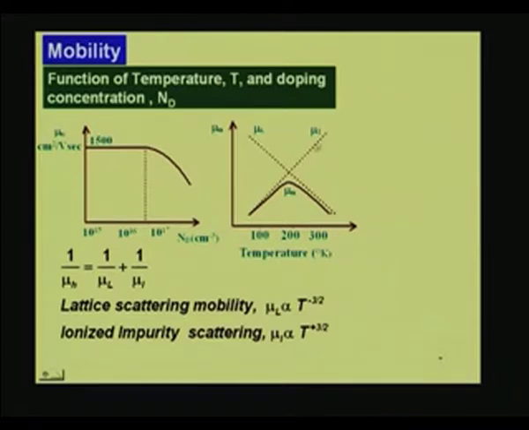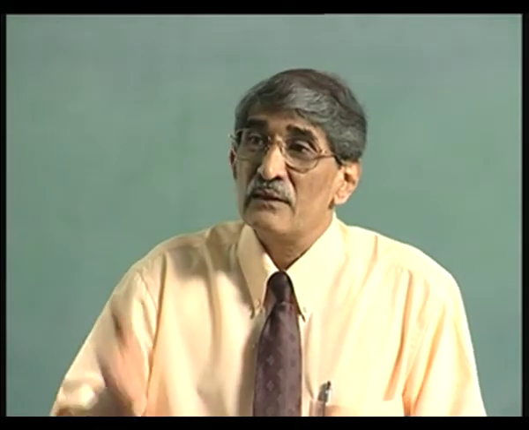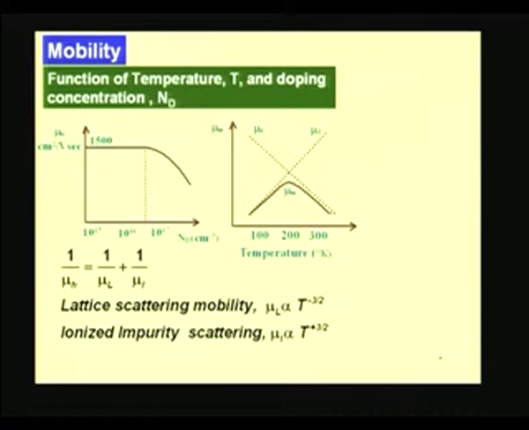That is because if the temperature is higher, the electrons have energy to move faster and they do not get bothered by the scattering of these ionized impurities. Higher the temperature, less is the scattering, so we get higher mobility. That is one mechanism of scattering. There is another scattering mechanism which I put by this line, that is mu L, that is called lattice scattering mobility.